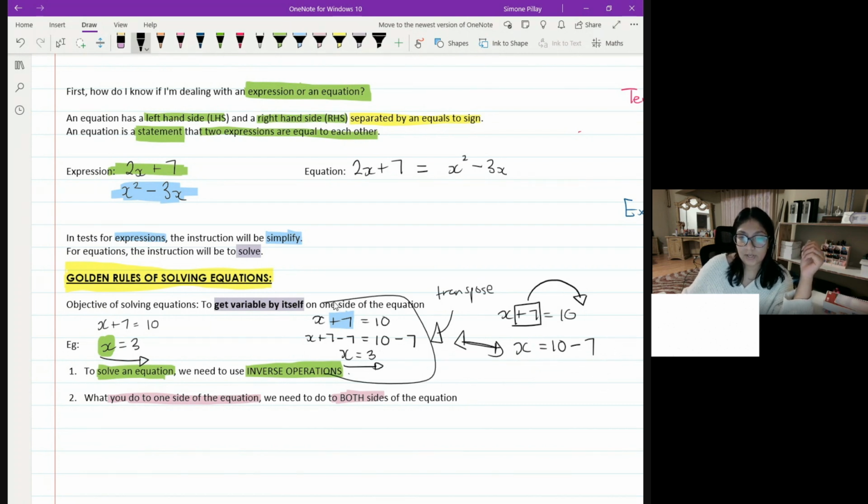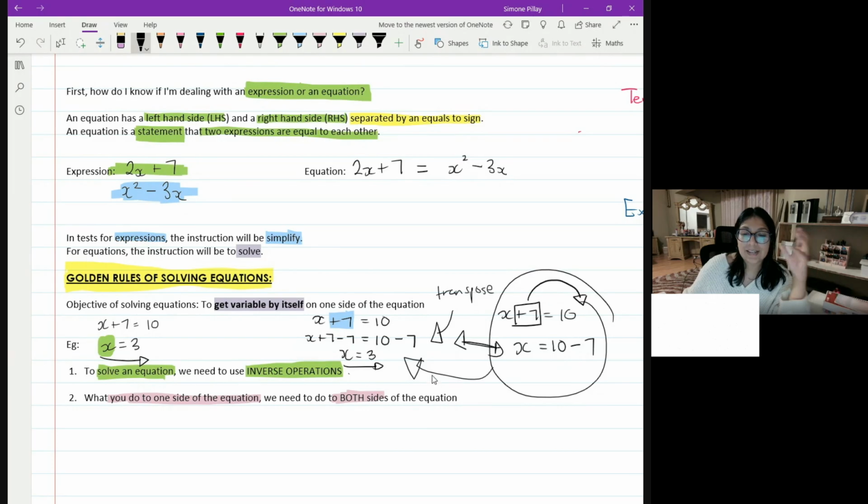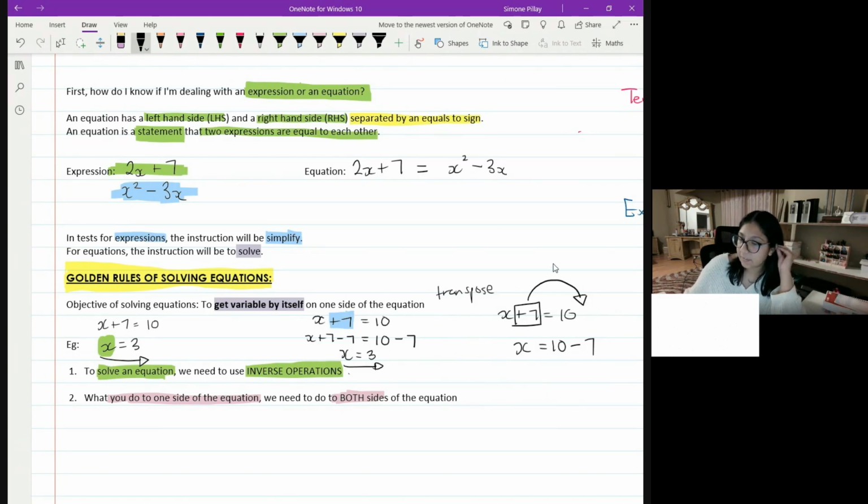So this is the long way that follows the proper principles. And this is the shortcut of the long way. But even though it is a shortcut, it's still following the principles of inverse operations and doing it on both sides. So this is the shortcut to doing this, Warine.